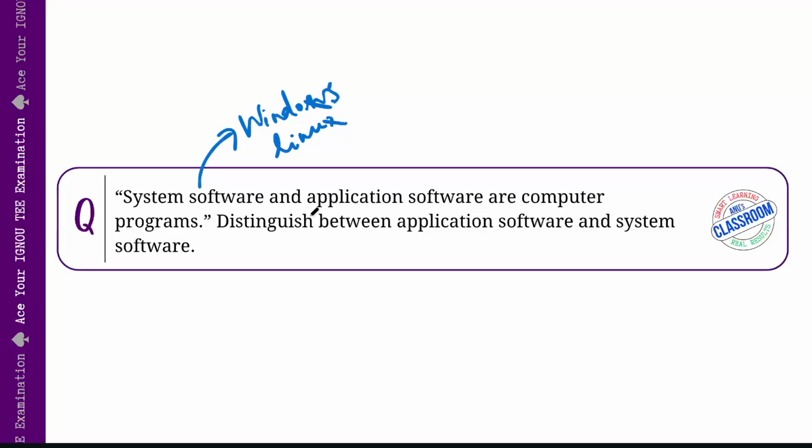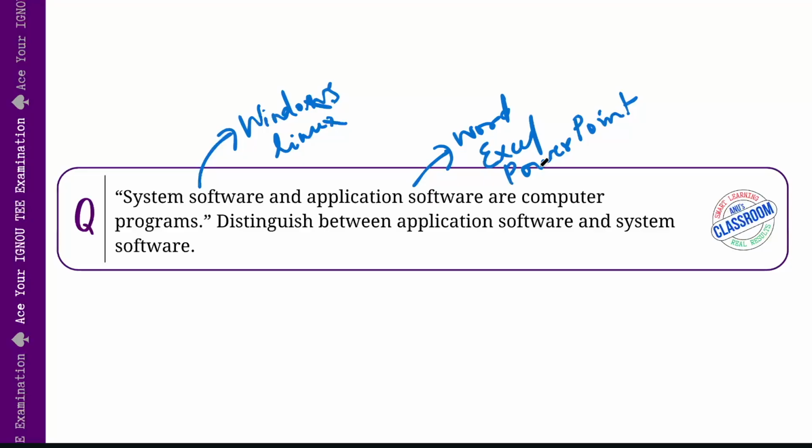Now, on the other hand, we have application software, which is designed for specific tasks which users want to accomplish. For example, Microsoft Word, Excel, or PowerPoint. All of these are application software. Application software is installed according to the user's needs and directly interacts with the user to complete tasks.